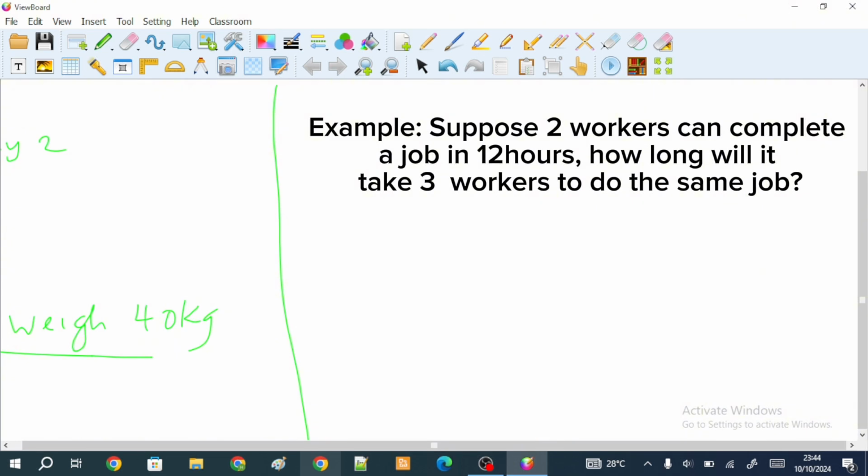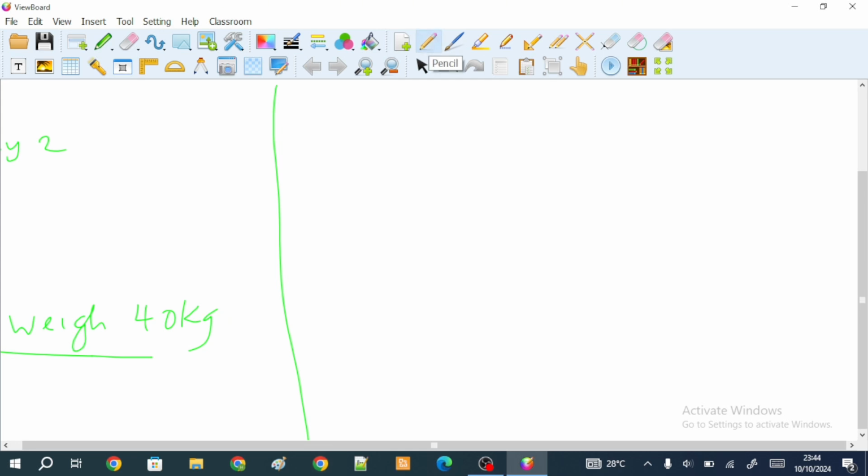So follow me. Just like we did in the first part of the sentence, we're going to write 2 workers, and then put an arrow. It takes them 12 hours to complete. So 12 hours, just like we did in direct proportion.